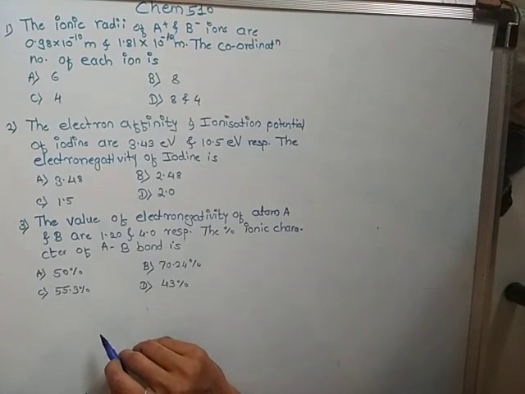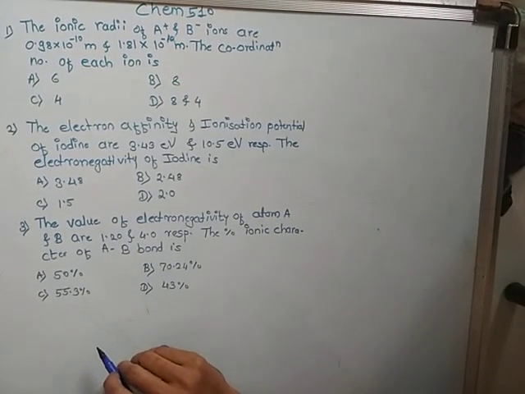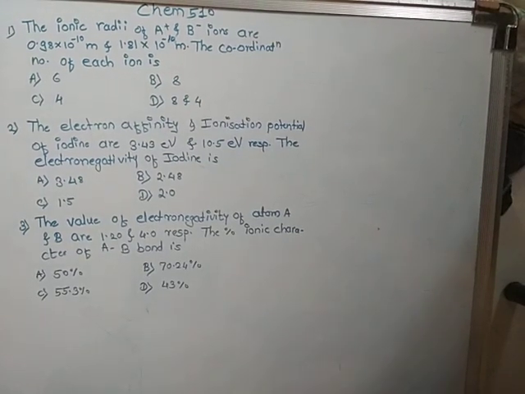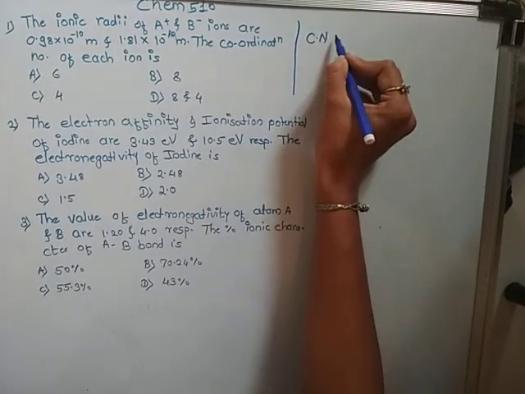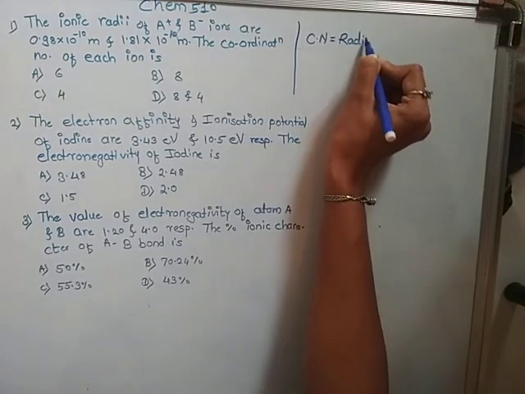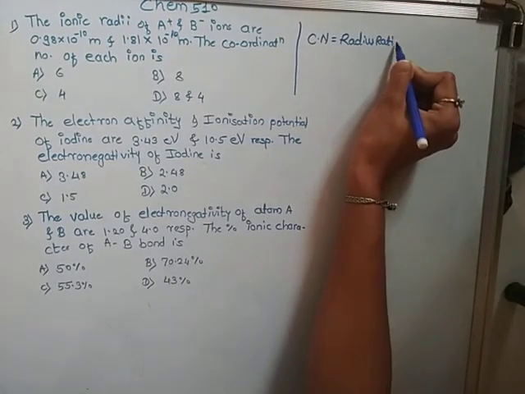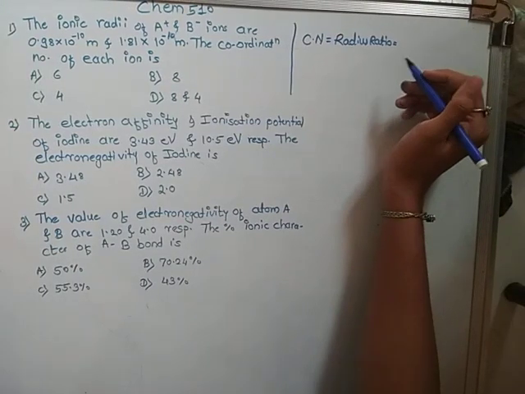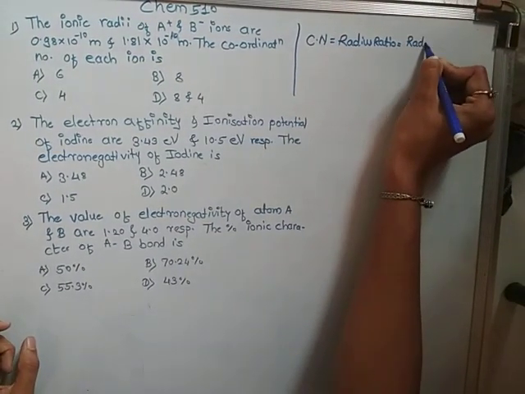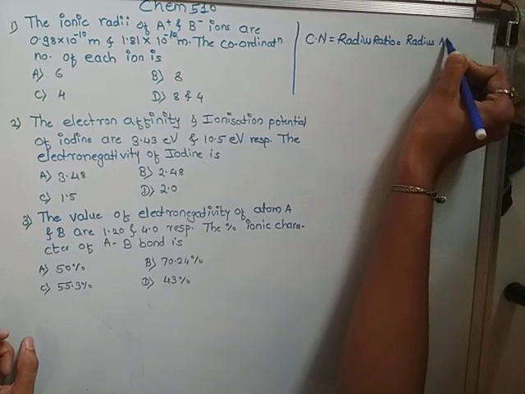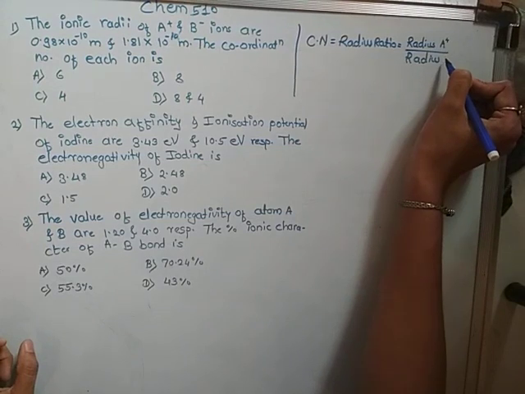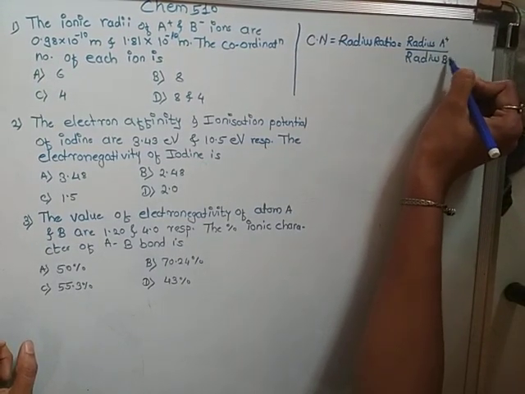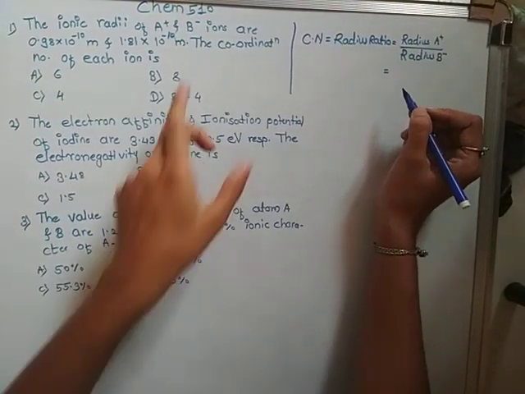So we know the formula of coordination number is equal to radius ratio, which is equal to radius of A plus upon radius of B minus.